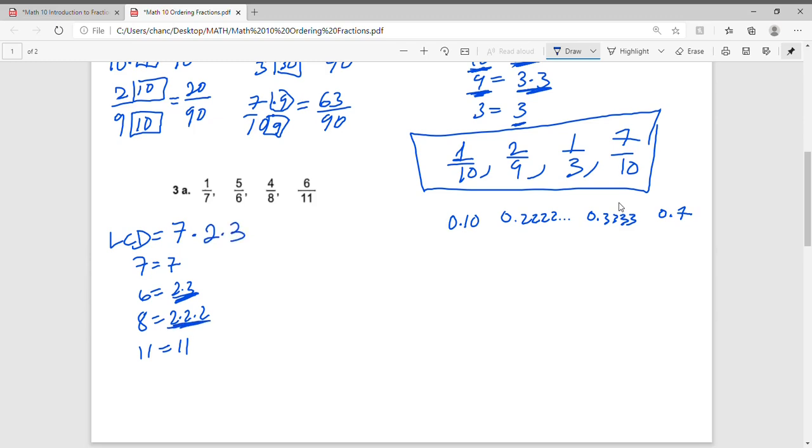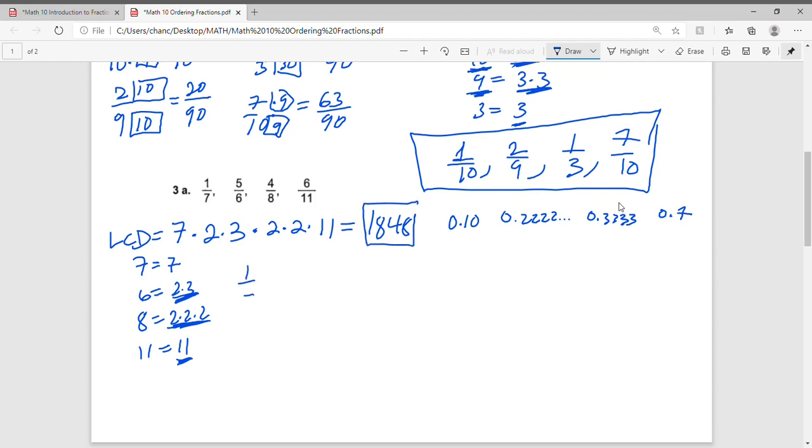I need to be divisible by 8, so we'll need just 2 more 2's because we have a 2 from the previous one. And then we need an 11. Wow, this is going to be a huge LCD. Let's multiply it all out. My LCD is 1,848, an incredible 1,848.